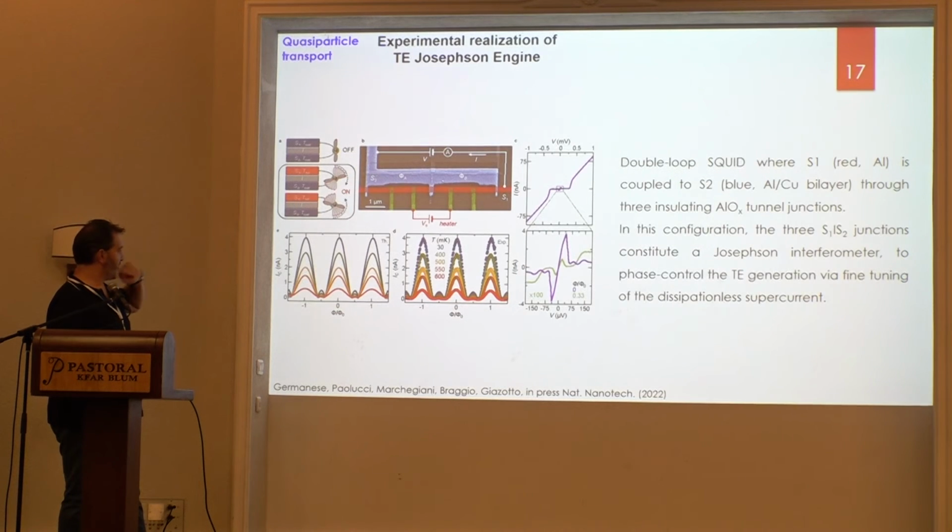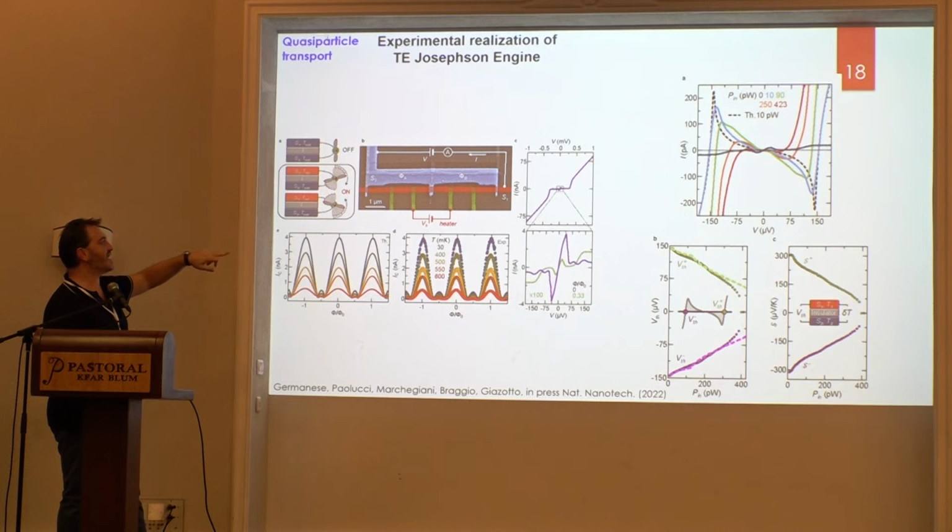So, going fast on the experiment, because the experiment was done by the Josephson group, I'm not involved, sincerely. They used this kind of configuration, and what they observed was exactly the formation of this kind of curve. The dashed black curve is the theoretical one, the others are experimental curves.